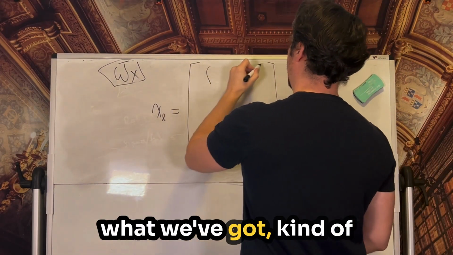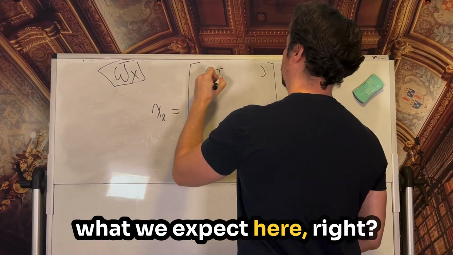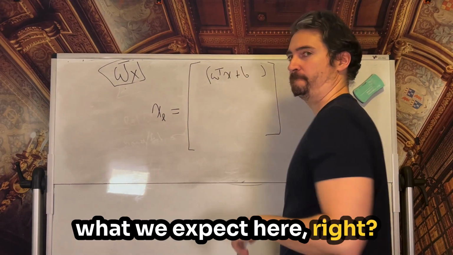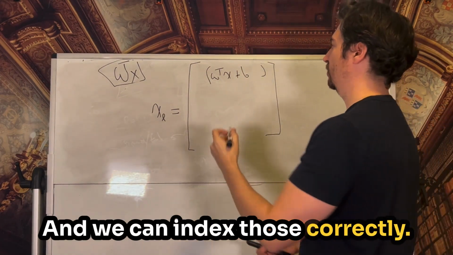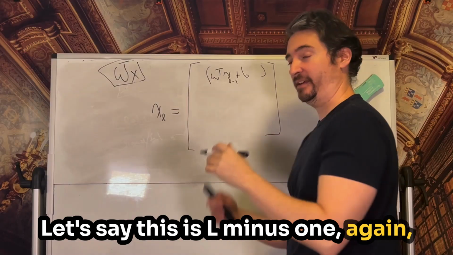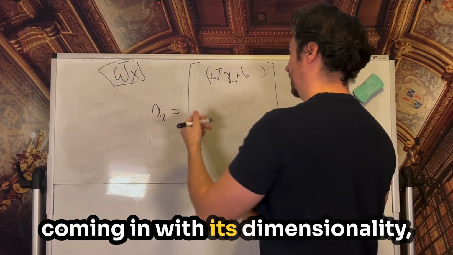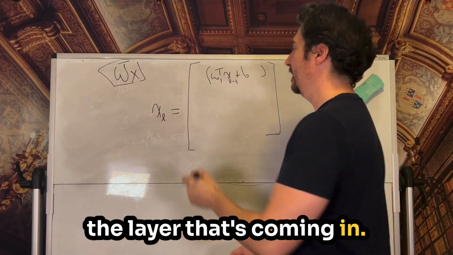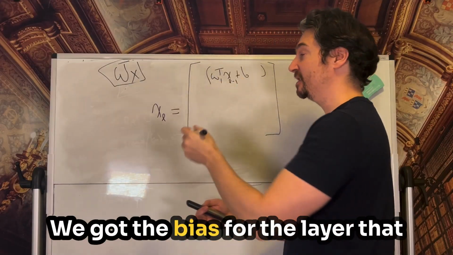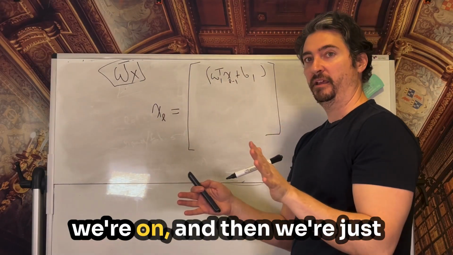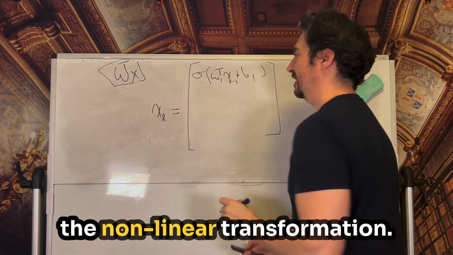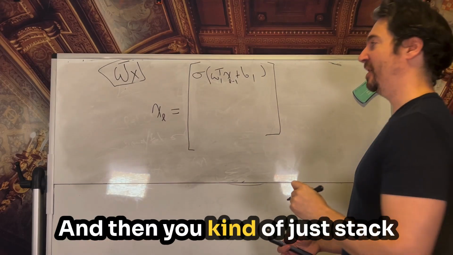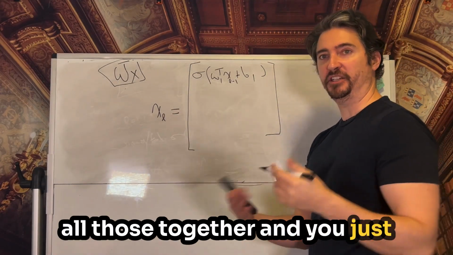So we know what we expect here, and we can index those correctly. Let's say this is L minus 1: the previous layer's representation coming in with its dimensionality. The weight vector for the layer that's coming in, we transpose it like we do. We get the bias for the layer that we're on. And then we add the sigma for the nonlinear transformation. And then you just stack all those together and do it for the next layer, right?